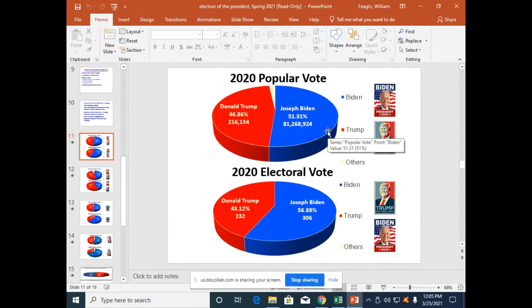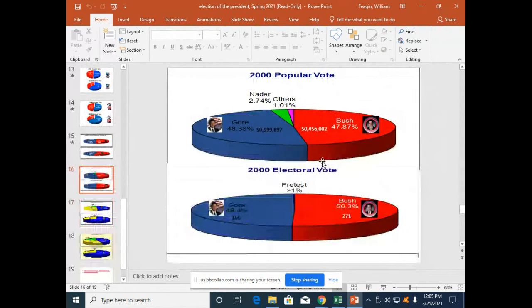That's the usual outcome. To go back to your question, Hisham, we've only had those two instances where, in 2000, you had Al Gore, who won a bigger percentage of the popular vote than George W. Bush, but George W. Bush won the electoral vote.